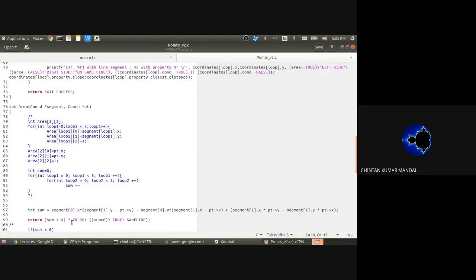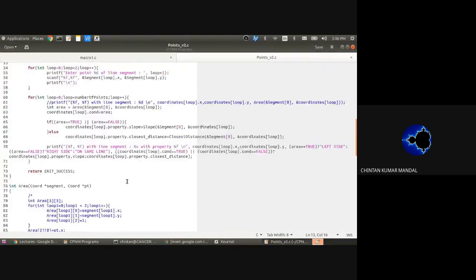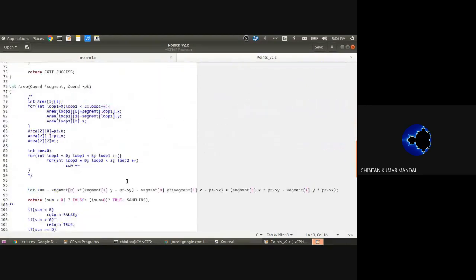So true false gets replaced with a 0. And please note the word replaced, okay? And then it is being compiled. So the first thing is that all the macros are replaced and then it is compiled. Okay, have you got this thing?